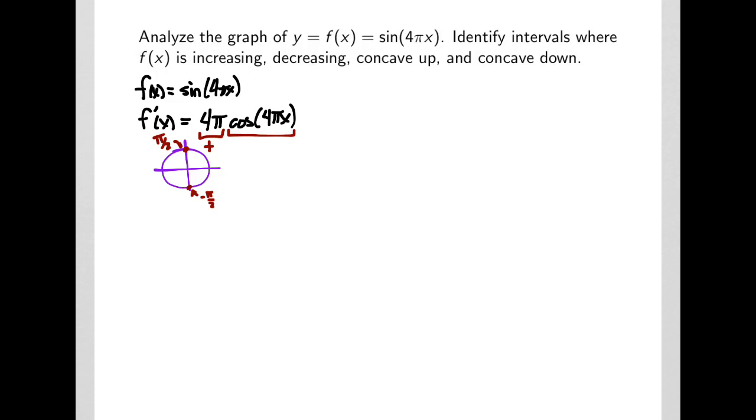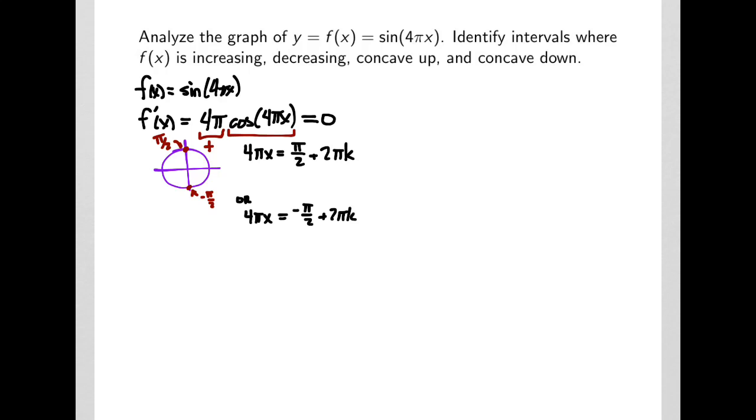So what we have is our derivative will be equal to 0 if 4 pi x, the angle, is pi over 2 plus 2 pi k, because there's any multiple loop of that. That's for the top. Or if the angle 4 pi x equals negative pi over 2 plus 2 pi k.